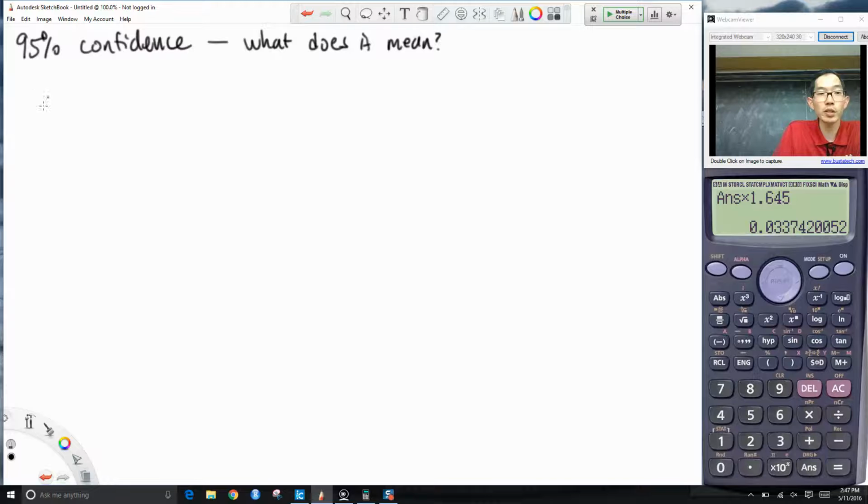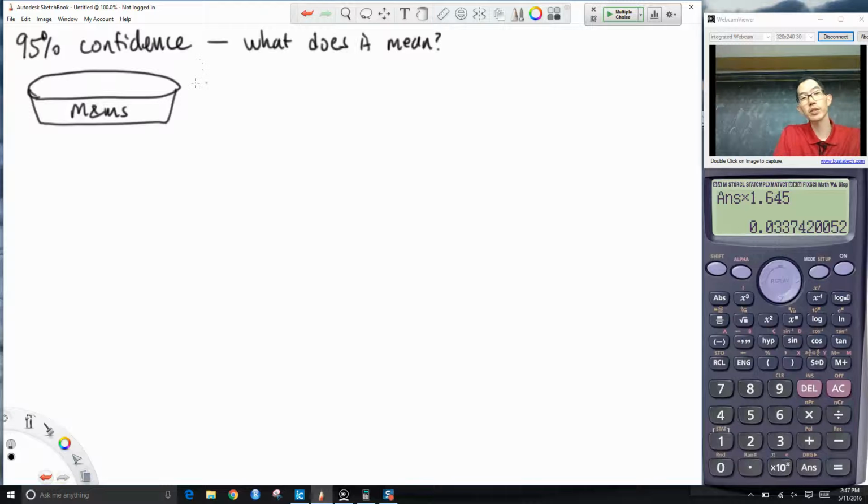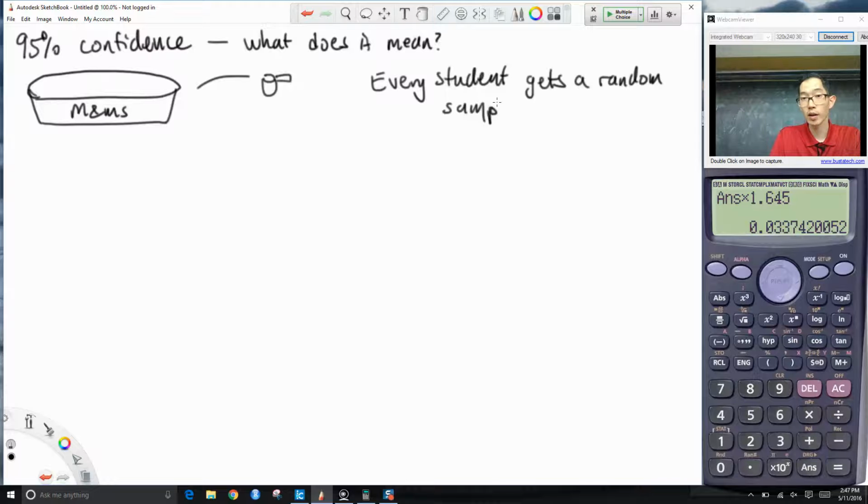Okay, so imagine we've got the big tub of candy again. We don't know the proportion of blue M&Ms, so we take little scoops out. Let's say every student gets a random sample of candy, and each of you comes up to this imaginary tub and scoops out your M&Ms.